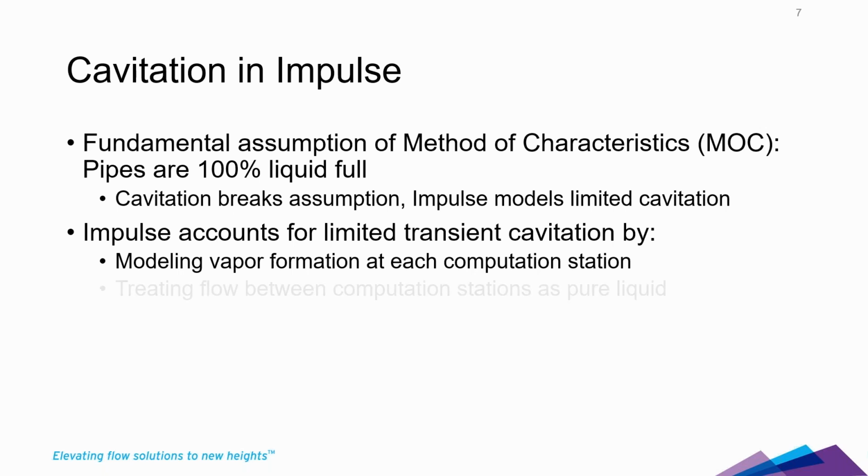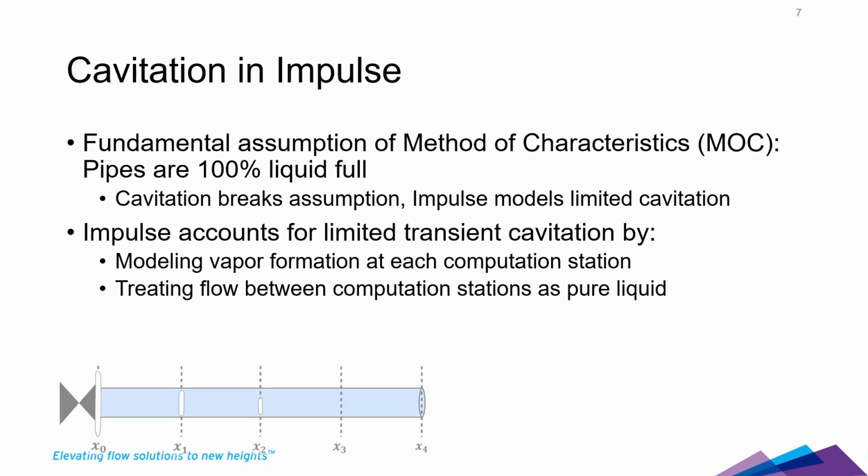And so when vapor bubbles start to form, we are assuming that the vapor bubbles are staying local to each computation station. So here we have a valve, and let's say that the situation is where the valve closes and downstream we start to see cavitation. Well, when that valve closes, this section of pipe is going to be evacuated first as the liquid momentum carries on down the pipe.